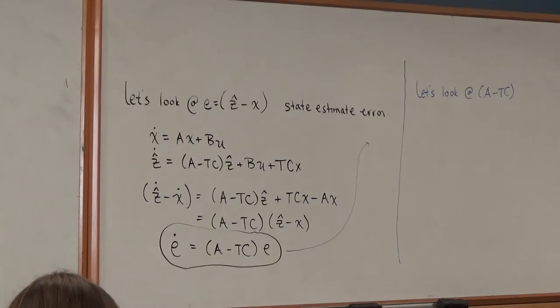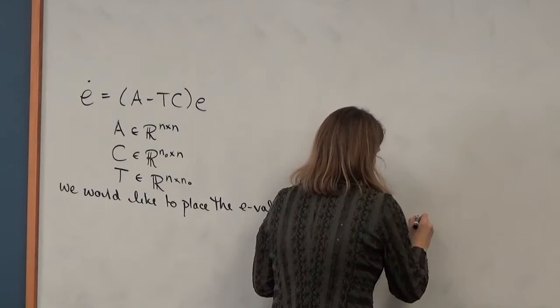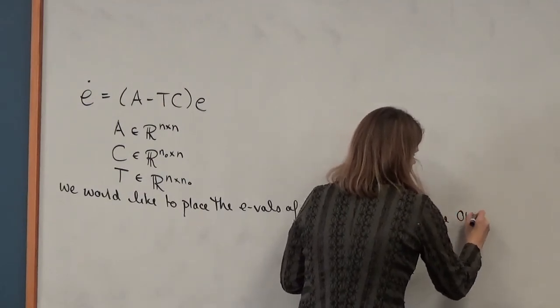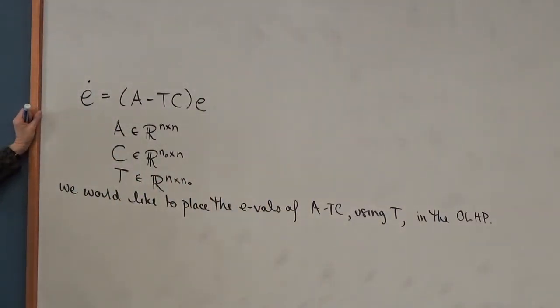And T is an n by n out dimensional matrix. We would like to place the eigenvalues of A minus TC, using T, because T is our design parameter, in the open left half plane. Because then the error would converge to 0 exponentially.